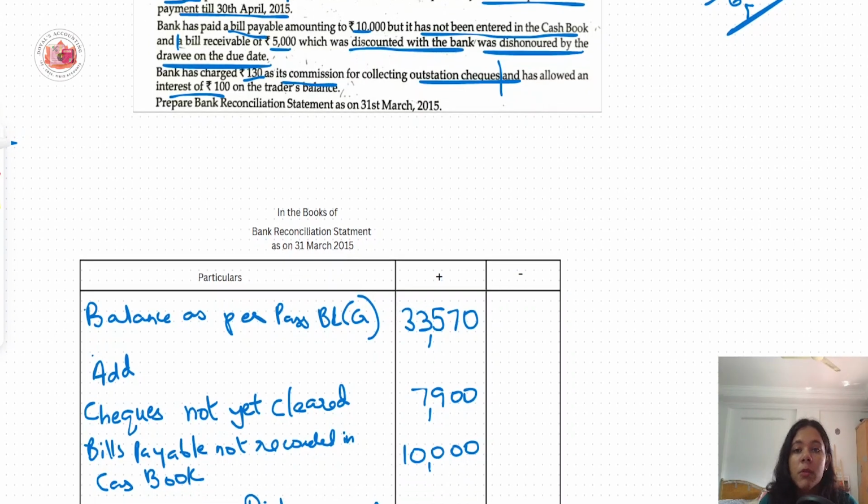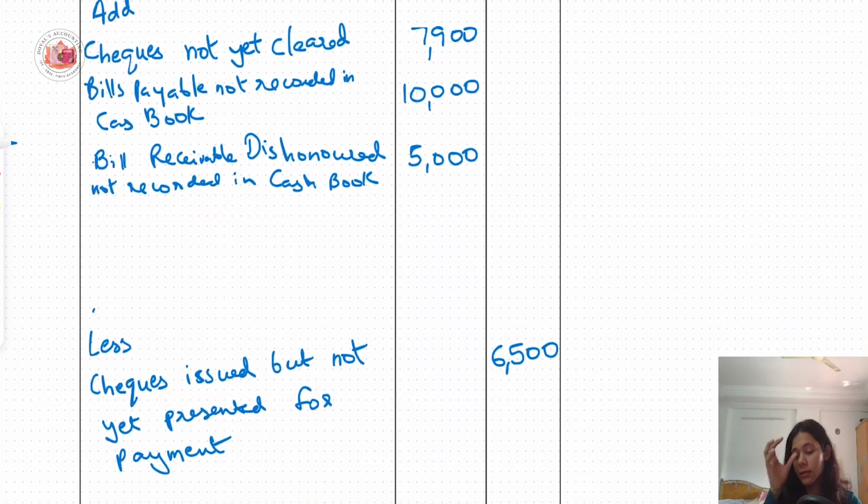So our cash book balance is more than our passbook. And if I want to equalize the two, I will have to add it to my passbook balance. Bank commission, double M spelling. Rupees 130.